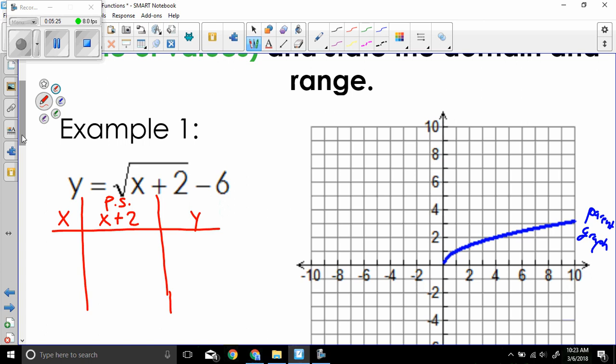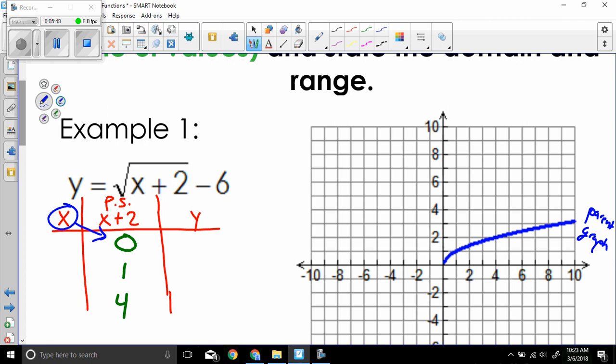So my goal here is to get perfect squares for X plus 2. After I evaluate X plus 2, I want to get perfect squares. What are my perfect squares? Well, I want to get 0, 1, and 4. The question is, what do I have to plug in for X to get each of these values?